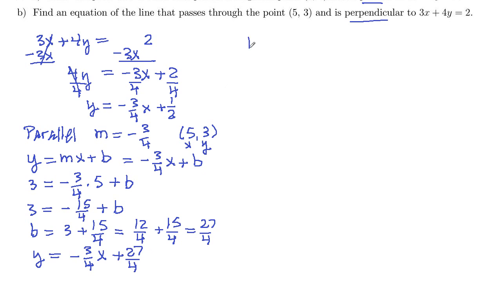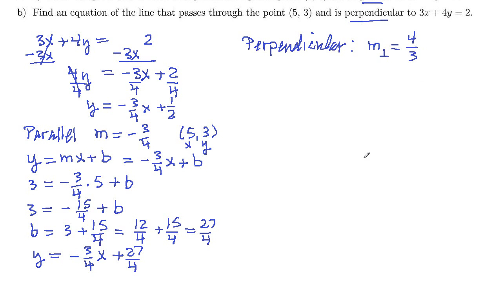So then the perpendicular, let's go ahead and do that one. So our perpendicular slope is going to be the negative reciprocal. So I'm going to write m with a little perpendicular symbol. So we are going to take that negative 3/4, we're going to flip it and then change the sign. So that'll be positive 4/3.